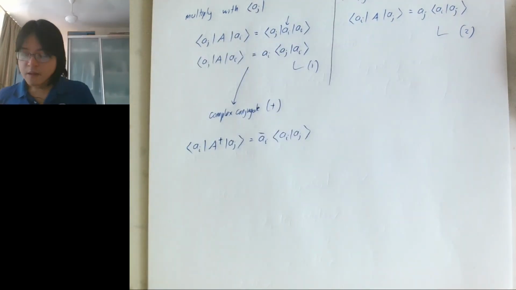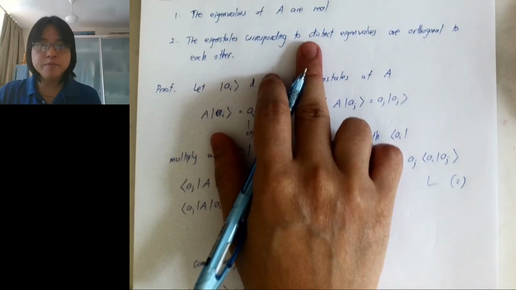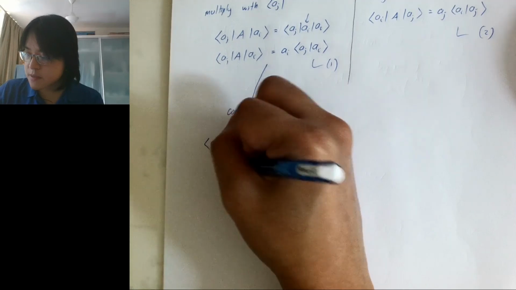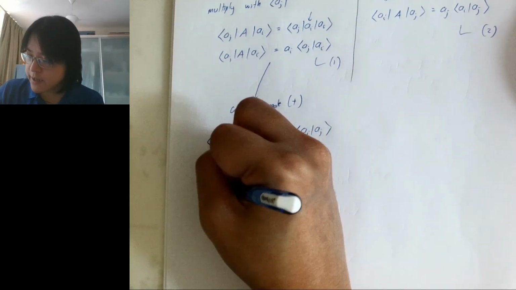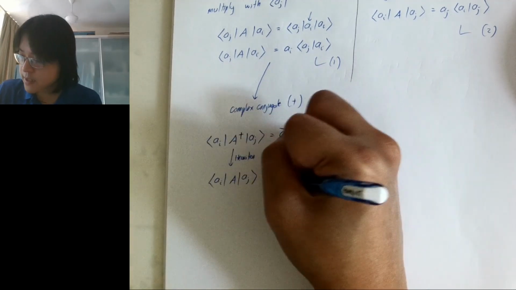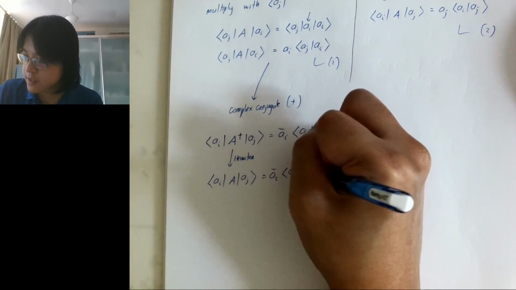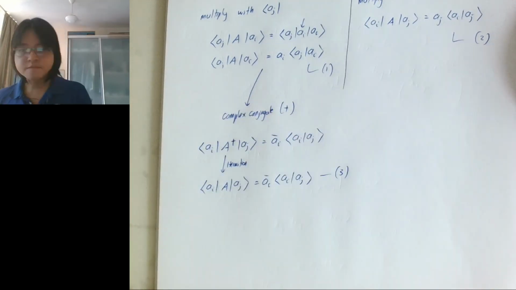Okay, but then we started off saying that A is a Hermitian operator, so A is Hermitian, which is to say that A dagger is actually back to A again, and then this is a_i bar, this is a_i⟨a_i|a_j⟩. Okay, so I got my third result.